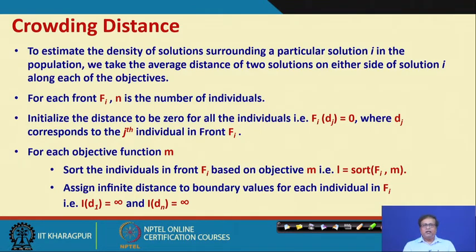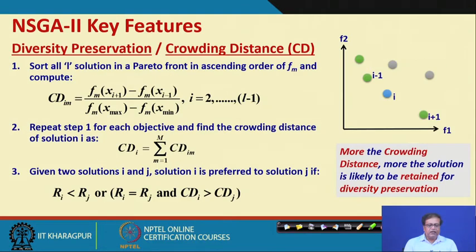And for the others, as I have already told you, for each solution find the adjacent values with regard to every objective function, and then take the difference between the objective function values of x i plus 1 and x i minus 1, divided by x max minus x min for that objective function, right.